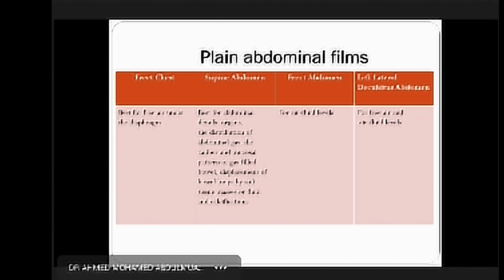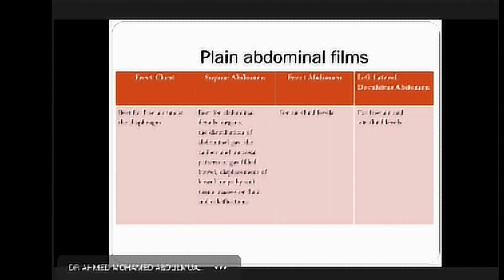Then if there is any displacement of the bowel loops by any soft tissue mass, and a soft tissue mass can arise from any organ of the abdomen or pelvis, which is going to displace the bowel shadow, it can easily be seen in supine abdominal. Sometimes there is displacement of the bowel loops by fluid, like in case of ascites.